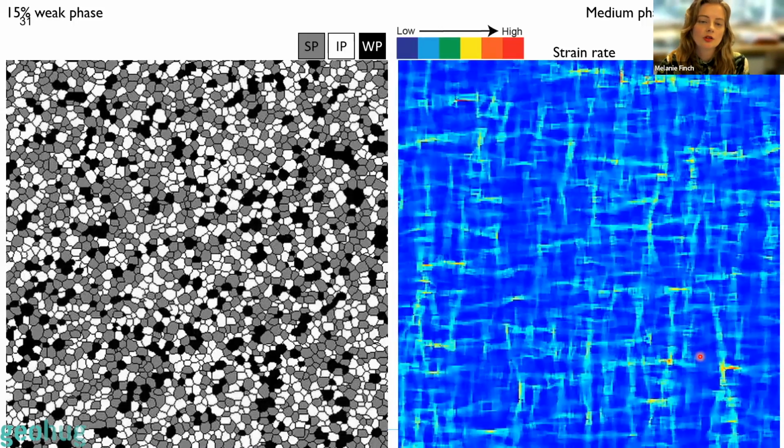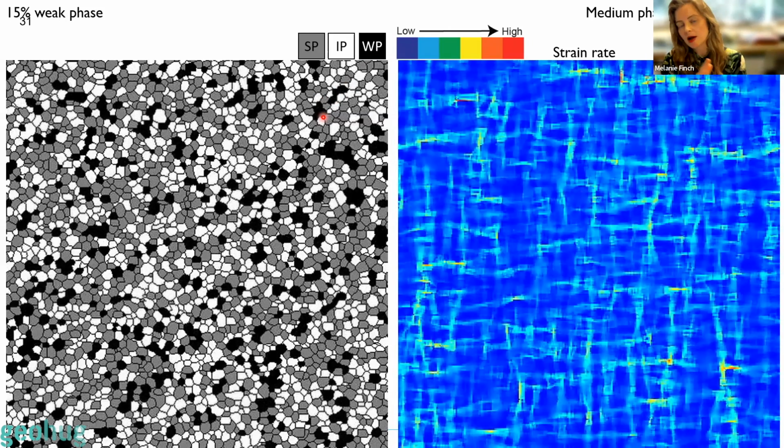This first one shows how shear zones develop in these three-phase rocks. We've got a strong phase in grey, an intermediate strength phase in white, and a weak phase in black. The weak phase has a weak basal plane, like a mica.